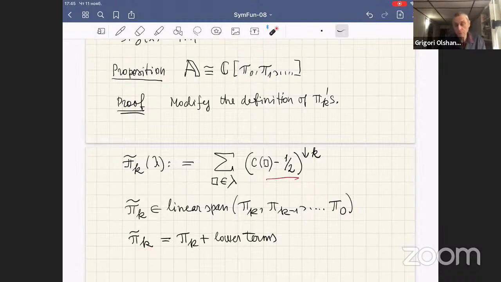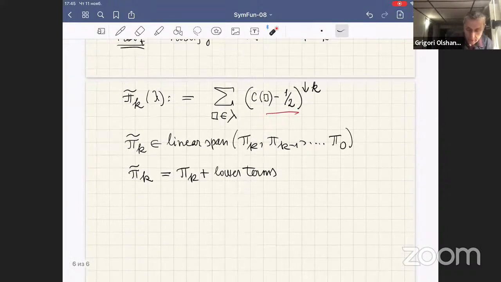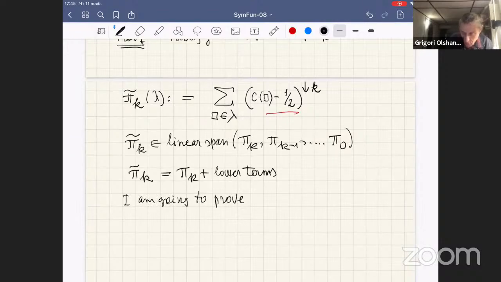Actually I will prove the same claim but for these modified elements, which will be easier. Why? You will see. I am going to prove that our algebra is the algebra of polynomials in the modified elements.